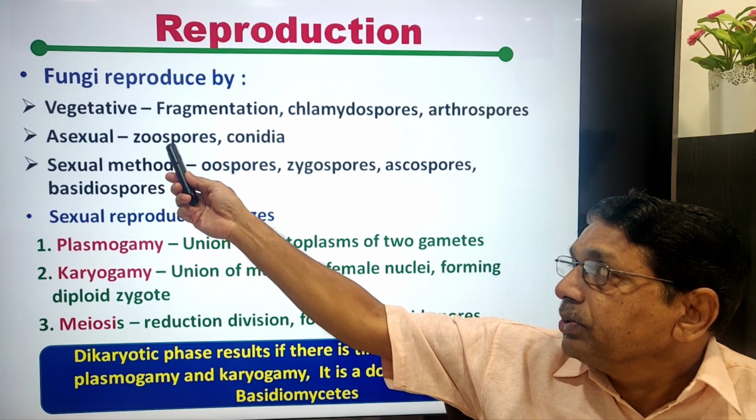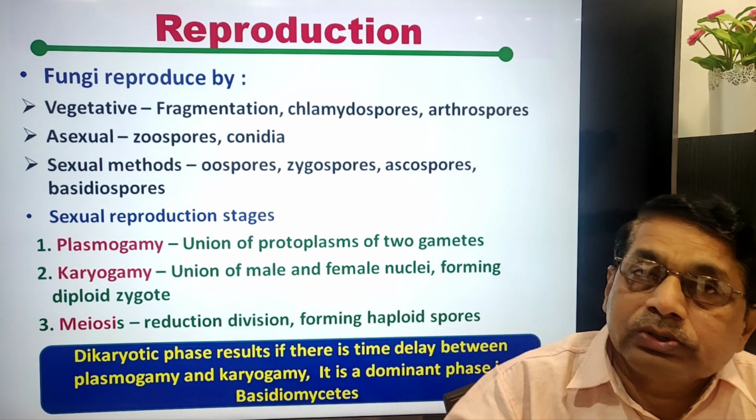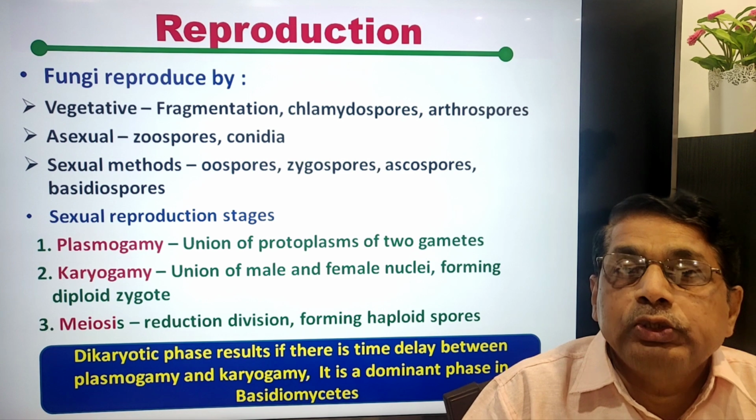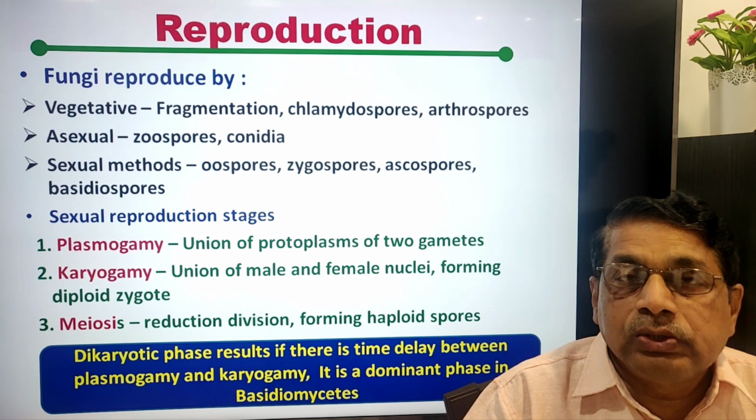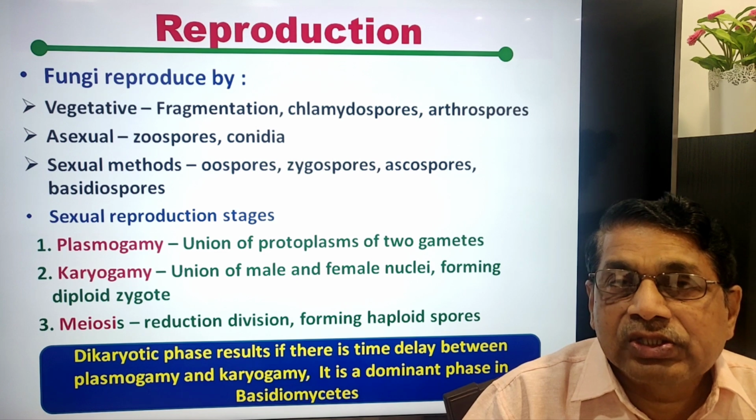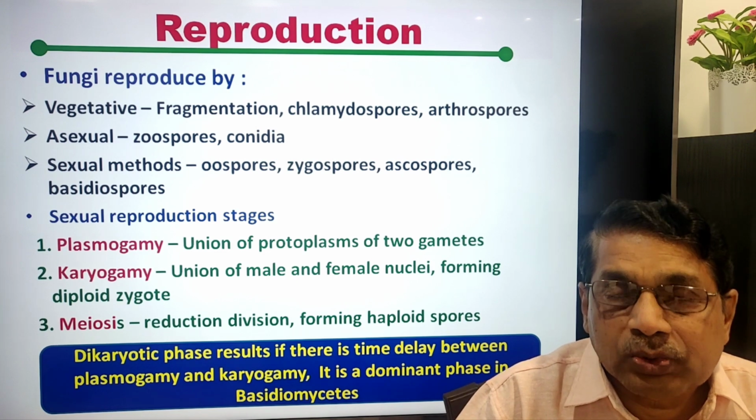Asexual reproduction by zoospores: motile zoospores in lower fungi like Phycomycetes, in zoosporangia. Inside the zoosporangia, zoospores are produced.